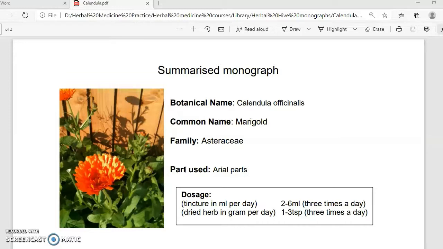Of course, if that's your sort of thing, that information is out there on the internet. Feel free to read it, but you will often find that I do a summarized version of a monograph, so that any person without any scientific knowledge at all can understand how to use this plant just by reading my monograph, and can do so safely.